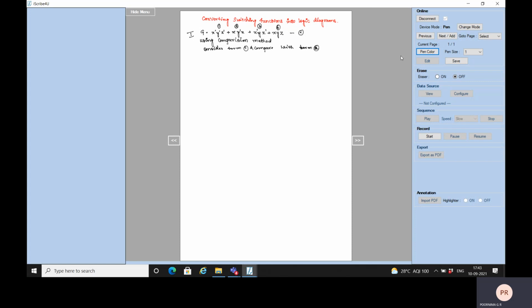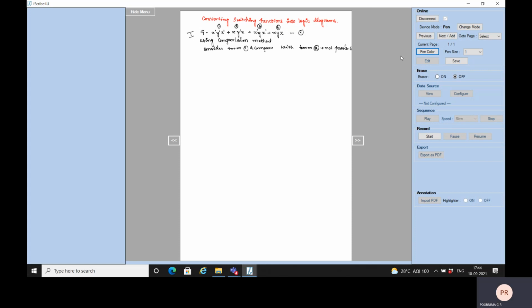When terms 1 and 2 are compared, x bar, y bar, z bar and the second term x, y bar, z, there is no single variable which differs between these two terms. Hence, it is not possible to remove the redundancy.